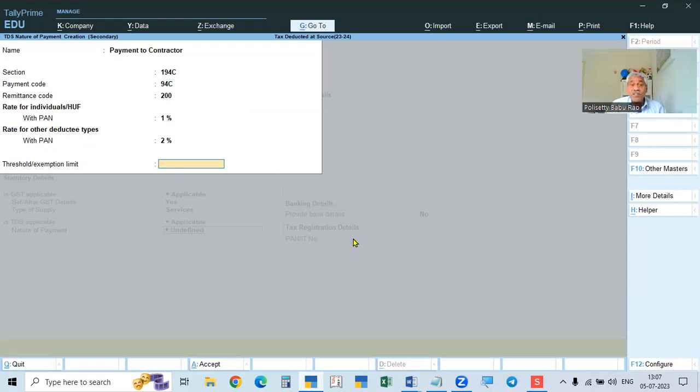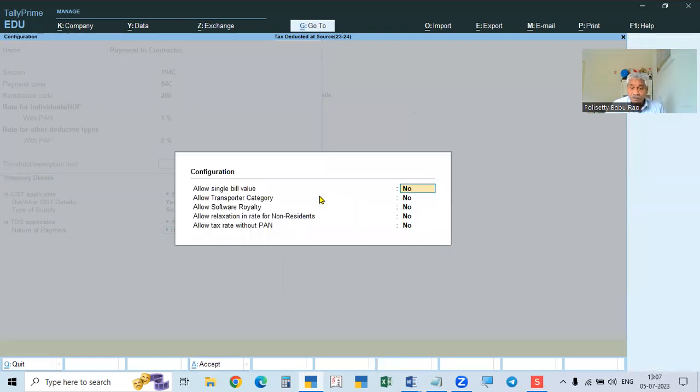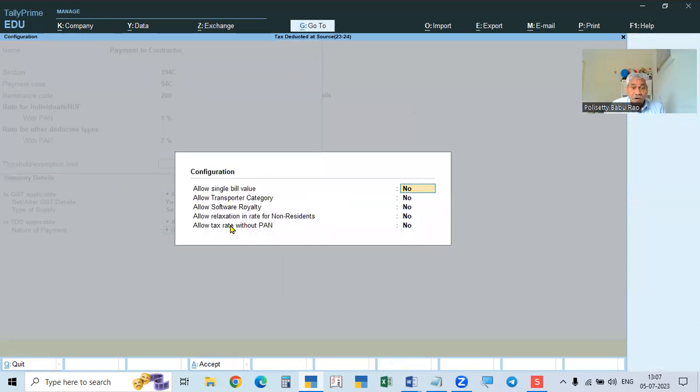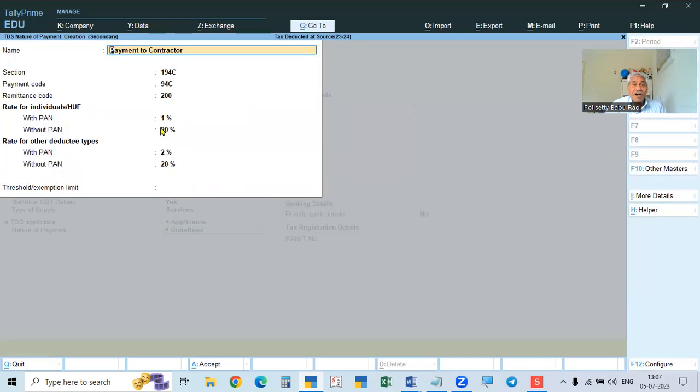If it is without PAN, it is 20%, automatically it will be deducted. But if you want to show it here also, go to F12, come down, allow tax rate without PAN. Here make it yes. Then it automatically shows 20. And at the end, here we have to give the limit.